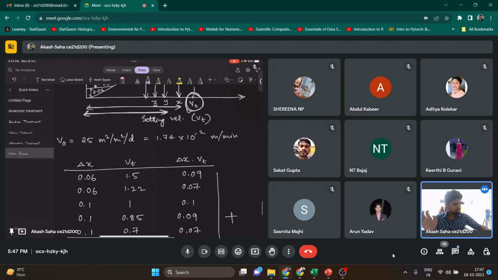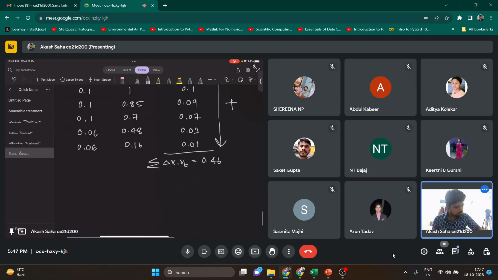Okay, so the overall removal efficiency x will be equal to 1 minus the x naught value, that is 0.54, plus the summation of all the Vt divided by my settling velocity.